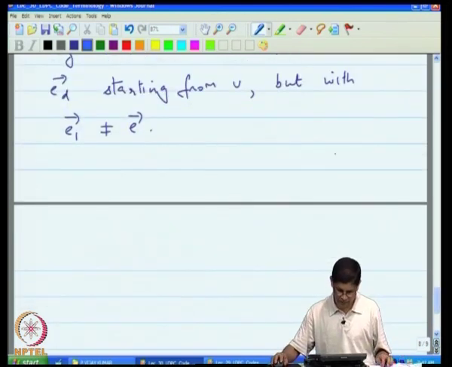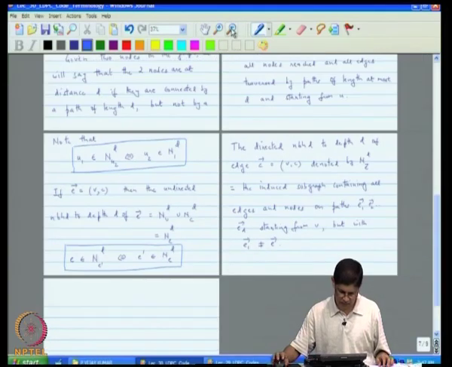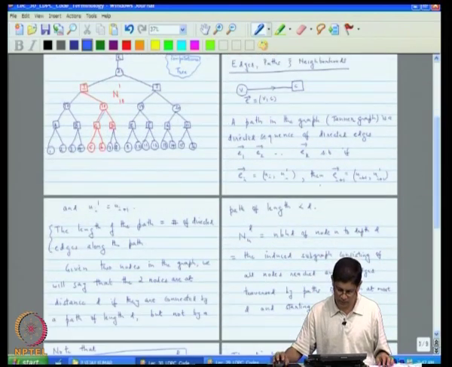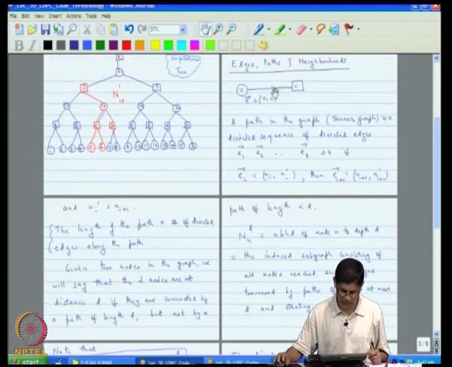All right. So, what have we done? Let me just quickly recap. It has been a lot of terminology, basically talking about edges, paths and neighborhood. I defined what is meant by a directed edge, and then I talked about a path being a string of such contiguous edges.